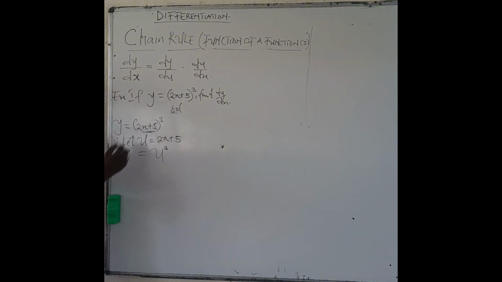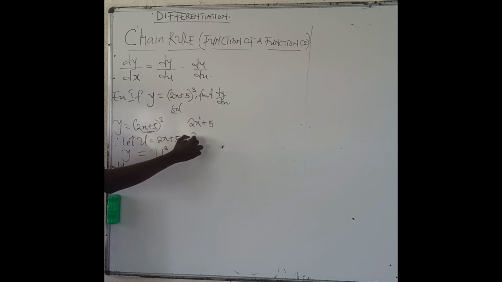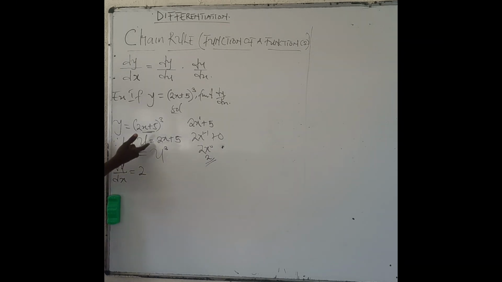So now I'm going to differentiate u with respect to x. From the general method, when you have 2x plus 5, the power of x is 1. The power multiplies the coefficient, which gives 2x raised to power 1 minus 1, plus 0, the derivative of the constant. So I have x raised to power 0, which is 1, and the answer is 2. So differentiating u, I have 2.